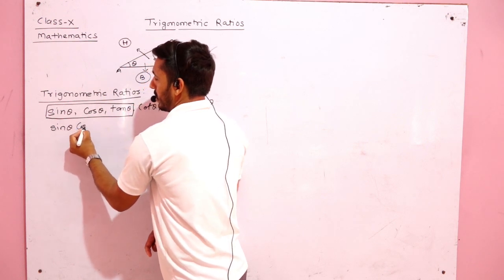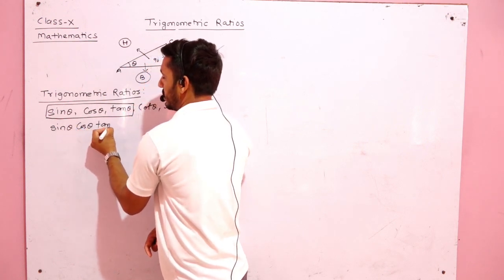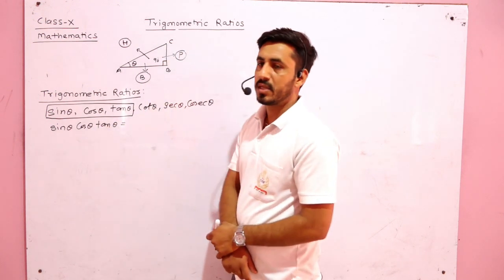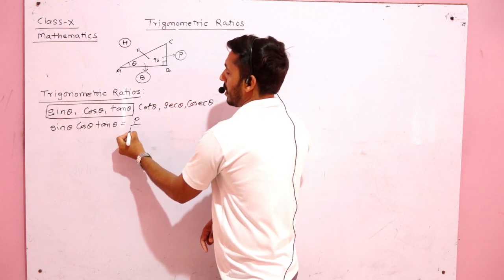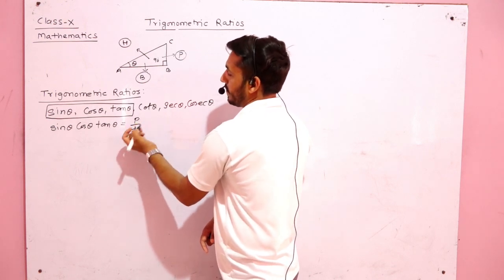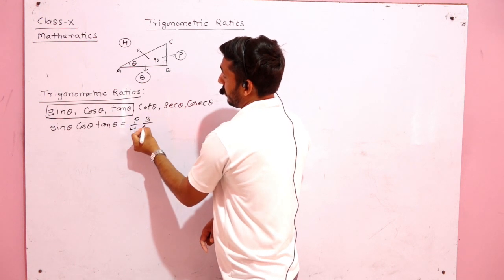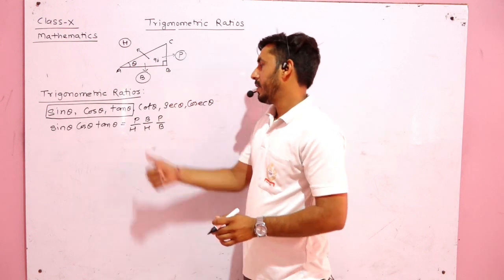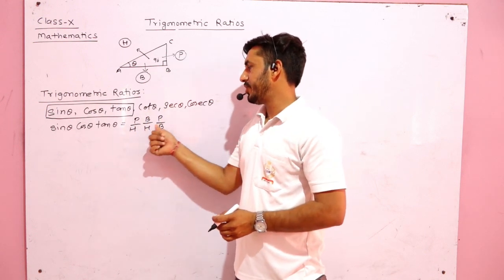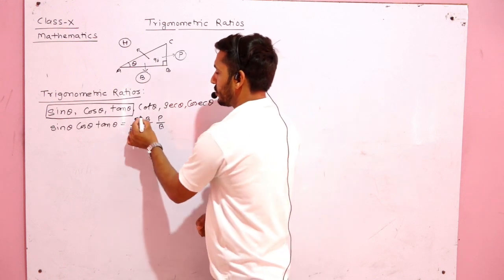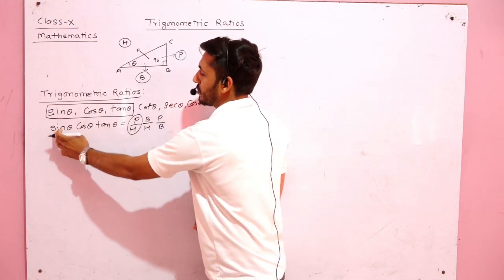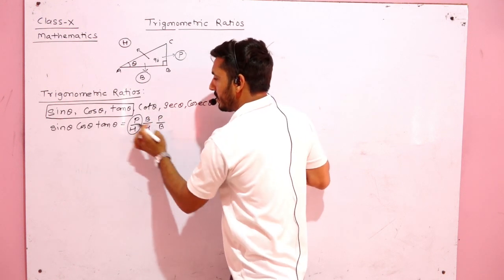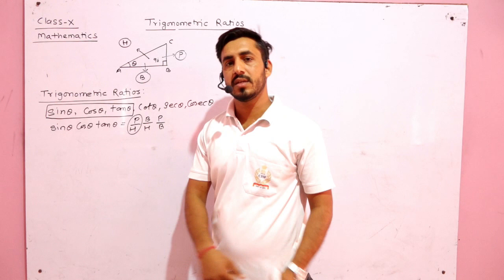We can write sin, cos theta and tan theta in the terms of, first one is perpendicular P upon H, second one is base upon H, and third one is perpendicular upon base. The first one will represent sin theta, second one will represent cos theta, and third one represents tan theta.